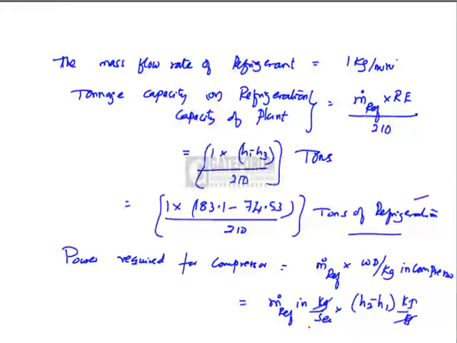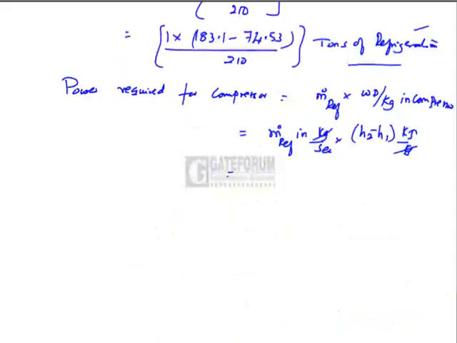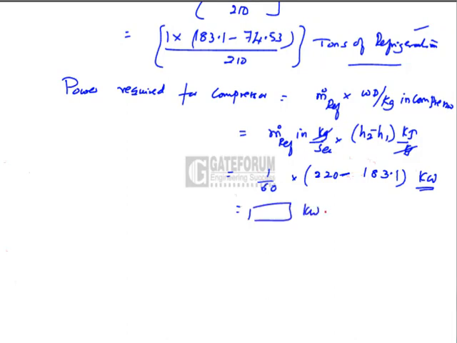Kg gets cancelled, you get the resultant answer in kilowatts, that is 1 by 60 into 220, that is H2, enthalpy at the end of the compression, minus H1 is 183.1, so many kilowatts. This is the power required for the compressor. Answer.